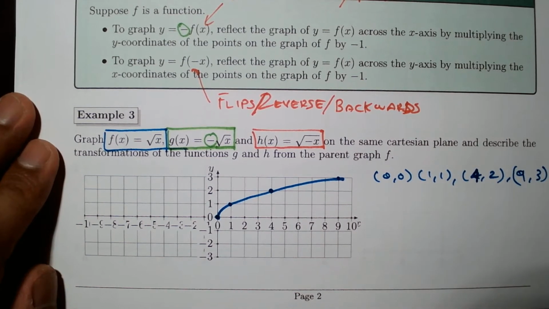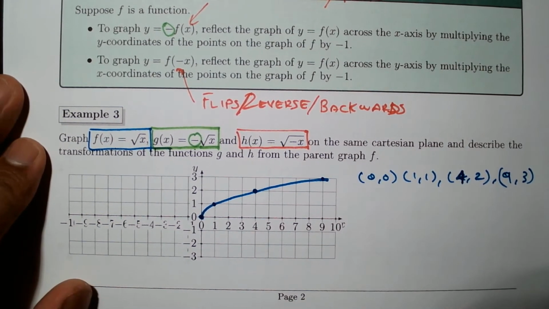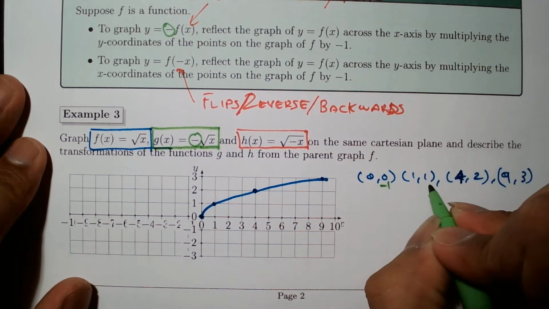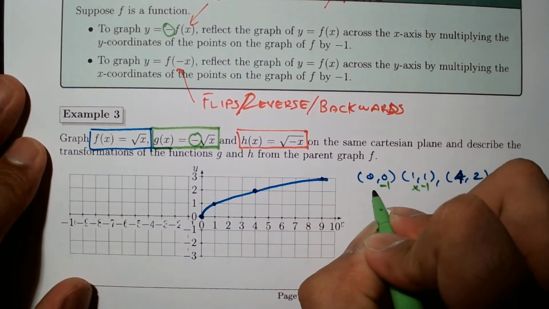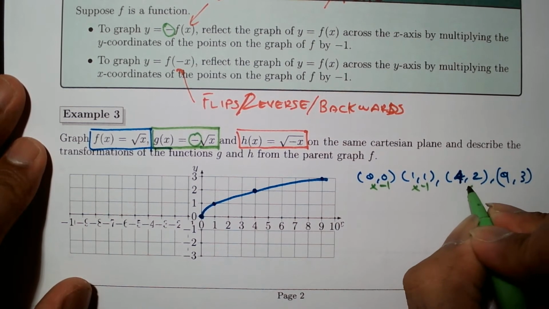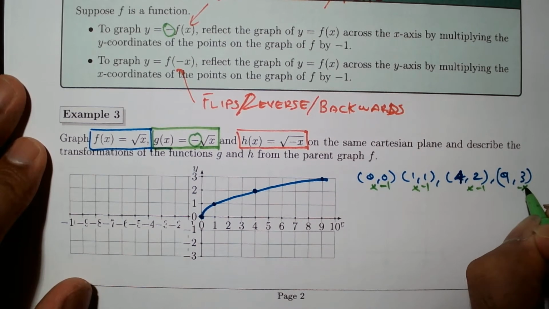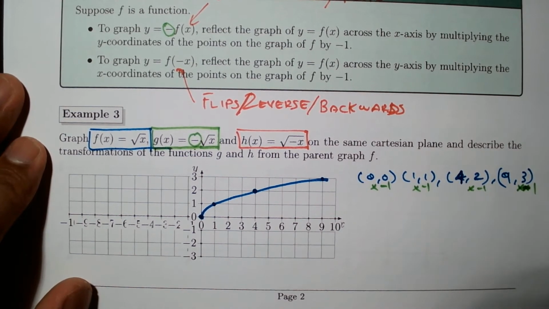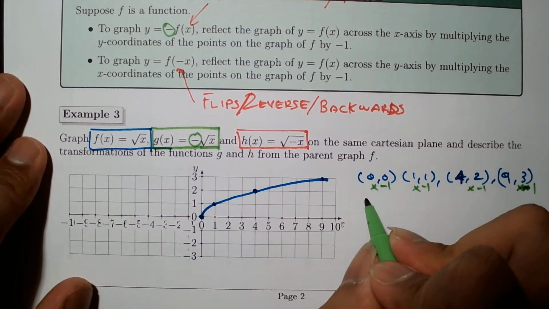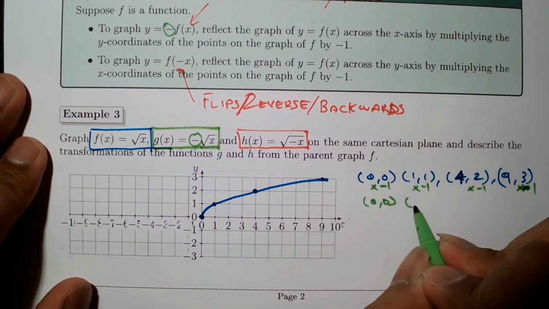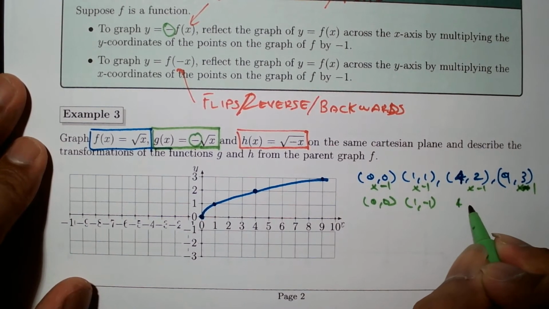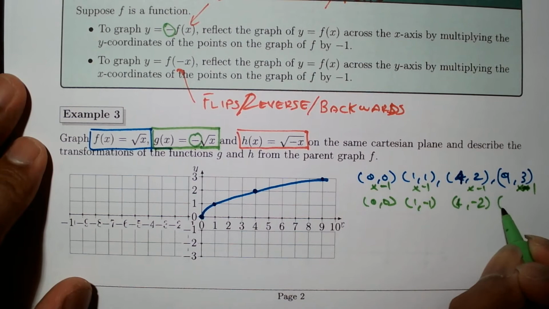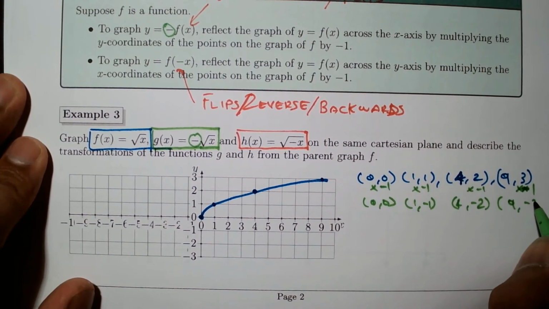I'm going to focus only on the y values, and I'm going to multiply them by -1. So that will result in 0, 0, 1, -1, 4, -2, and 9, -3.